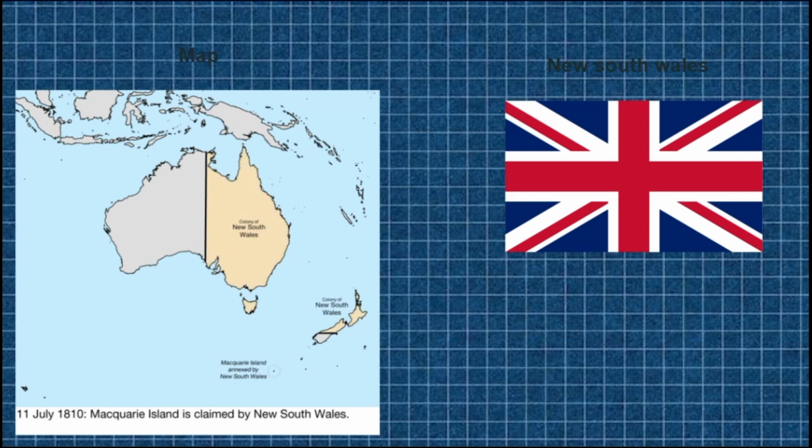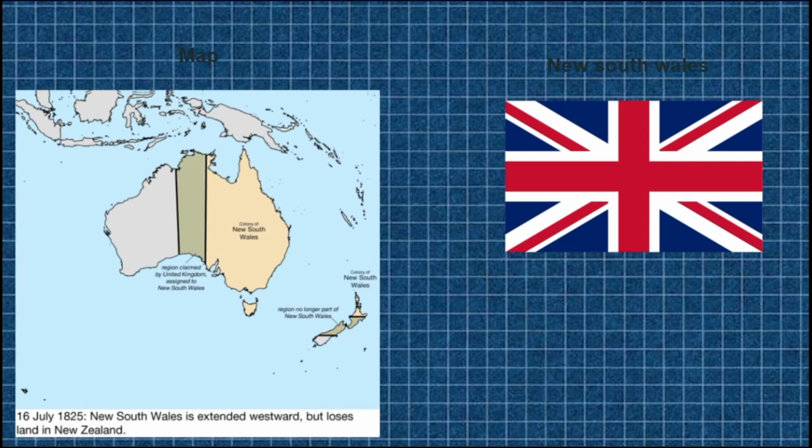Then Macquarie Island, which is recently discovered, is claimed by New South Wales. New South Wales is then extended westward, but they lose land in New Zealand because they decided that the Pacific Ocean now ends there.